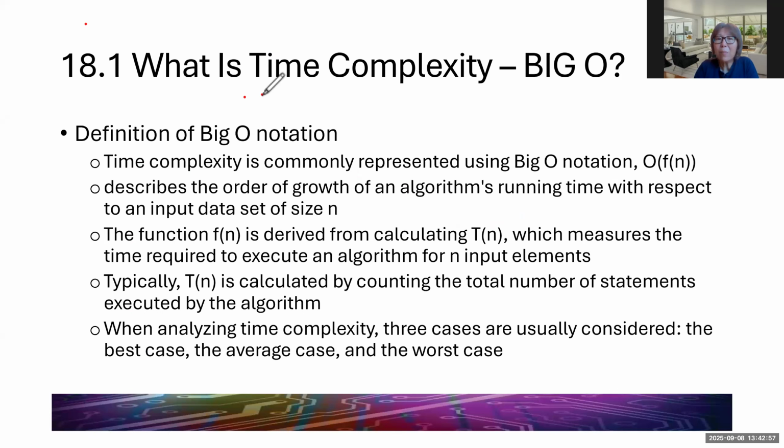So for time complexity, how do we measure it? We use a concept we call big O. So what is big O? The definition of big O: generally the performance metric is represented by big O notation. Big O notation is O, and within it we have a function f(n), where n is the input data size to run that algorithm.